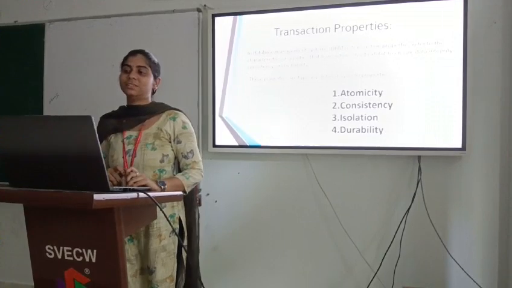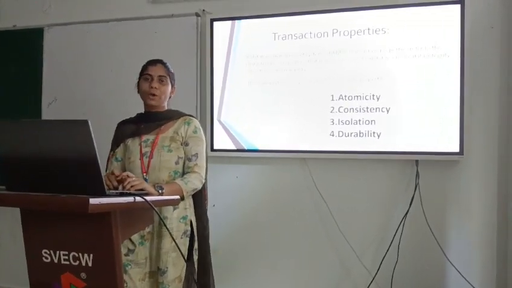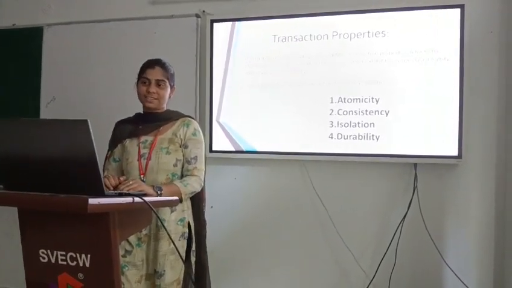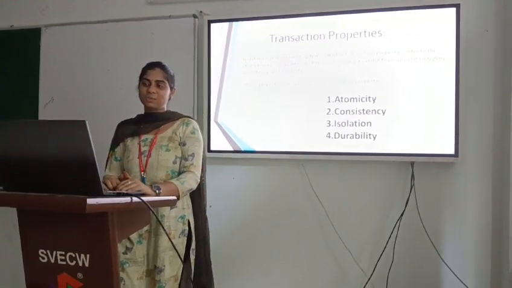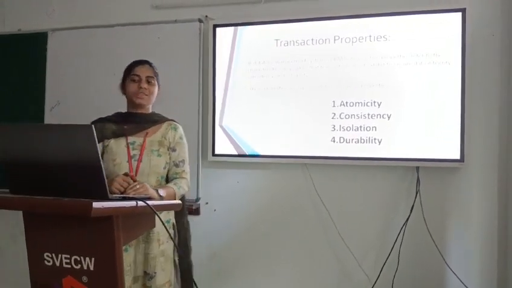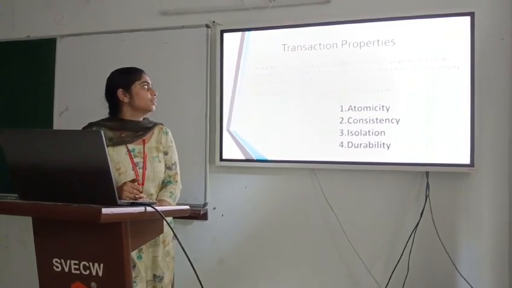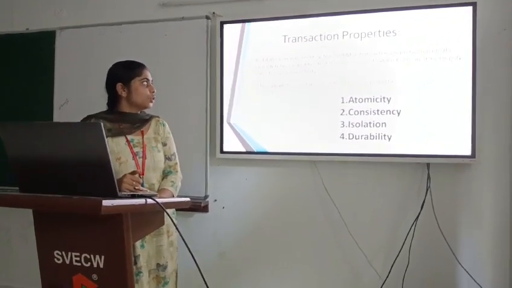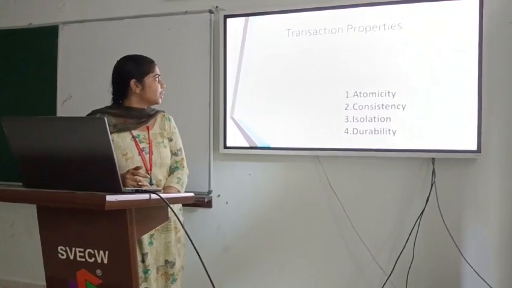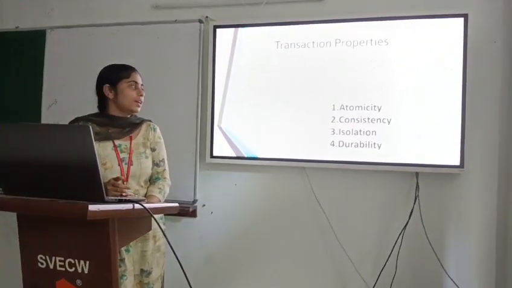So first of all, let us know what the properties of a transaction are. In a database management system, transaction properties refer to the characteristics or qualities that a transaction must exhibit to ensure data integrity, consistency and reliability.